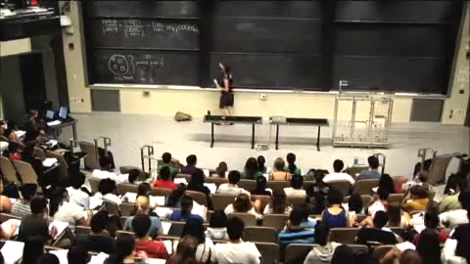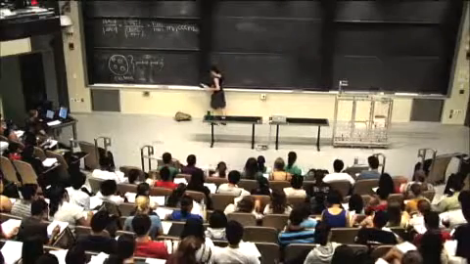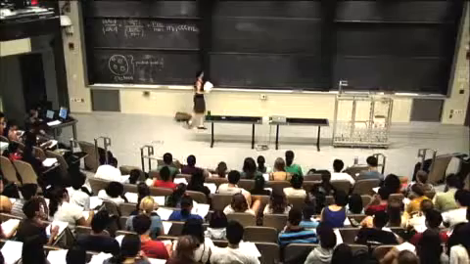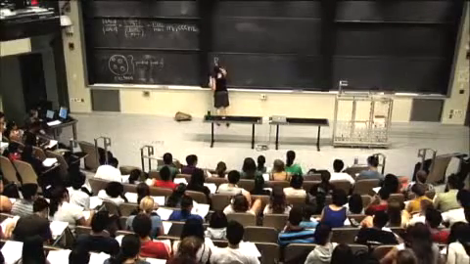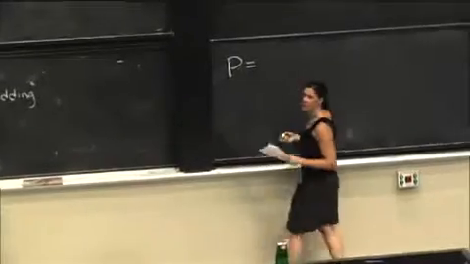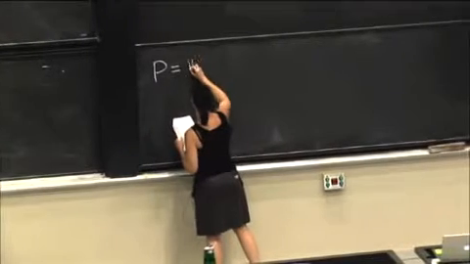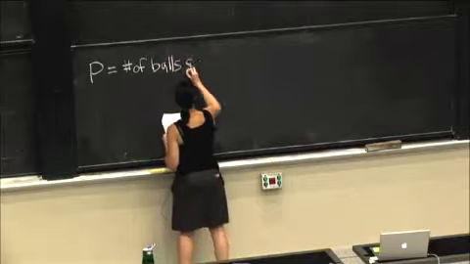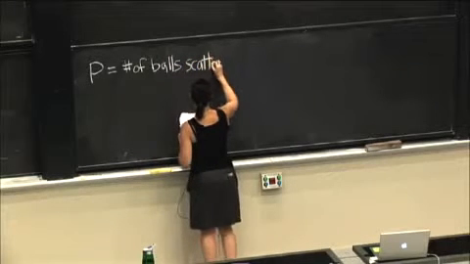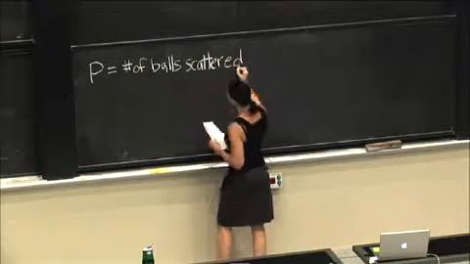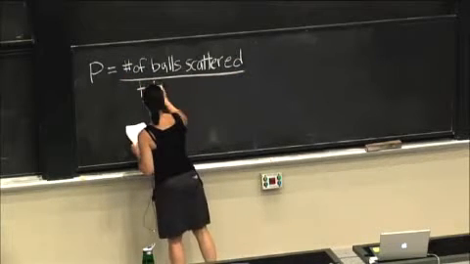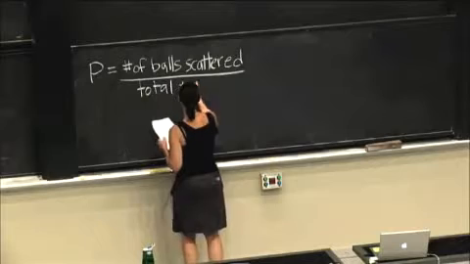So if we think about the probability of backscattering, which is the exact same thing that we saw Rutherford calculate using the 20 divided by 132,000, in our case, the probability of backscattering is going to be the number of balls that backscatter, divided by the total number of ping pong balls.